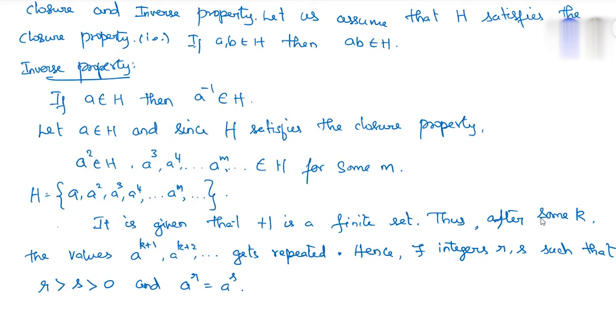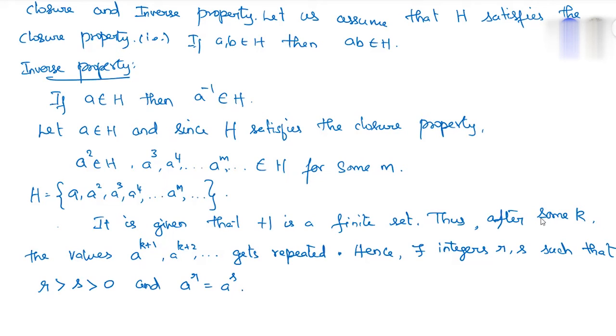Correct? Yes, this is true. Some element and some power will be equal since it is going to be repeated. You can take any element; I am just taking r and s, both greater than 0, with r strictly greater than s.